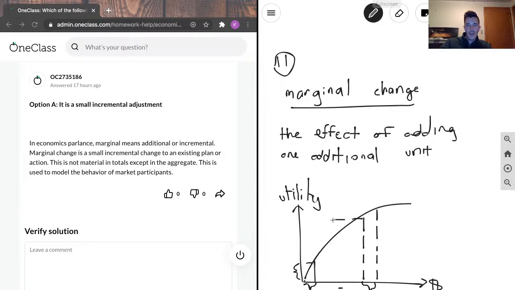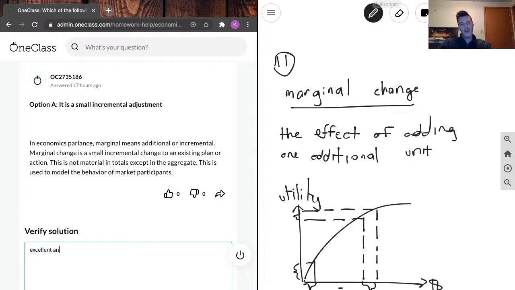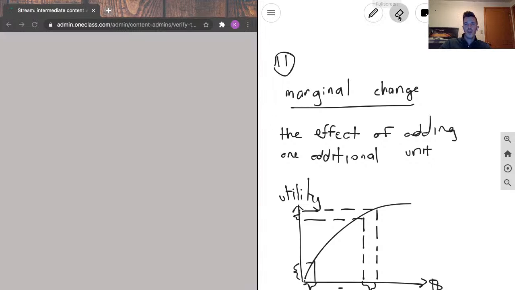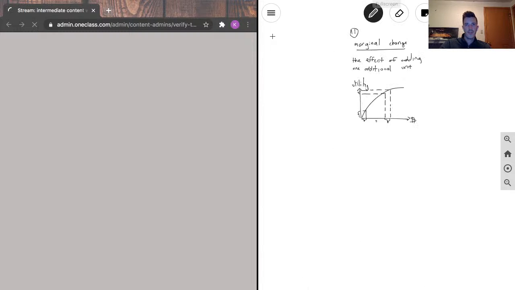We can see that it is going to give you less utility than it did when you had less money. So the marginal effect of $1,000 has been shown here. So we can say, excellent answer, that's correct. Move on to question 12. I believe this is the second last question.